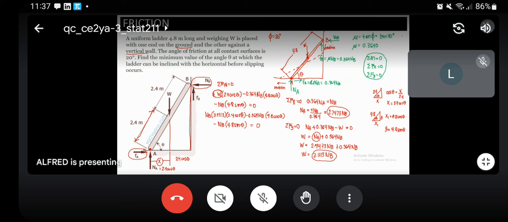So pag dinivide ko both sides by NB, ano mangyayari? Magka-cancel out si NB. Tama? Mali? Tama po. Okay. So that's correct, no? So pwede mong cancel yung isang terms basta common siya sa lahat ng terms tapos naka-equate ka sa 0.